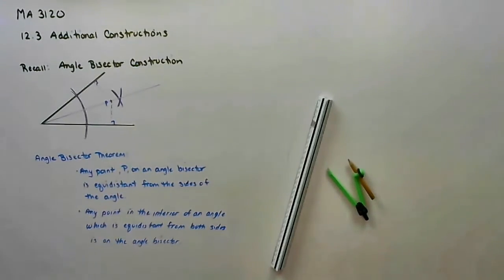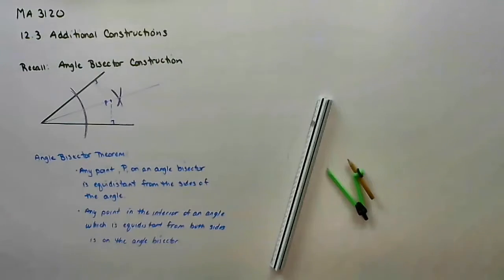As soon as you find that it's equidistant from both sides, it's got to lie on the angle bisector. And that's called the angle bisector theorem.